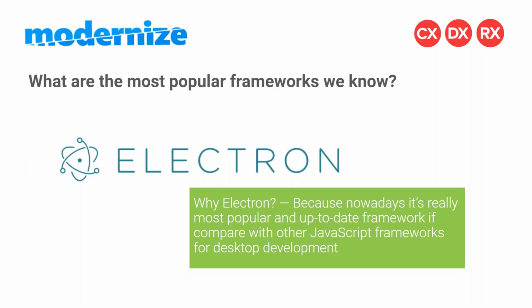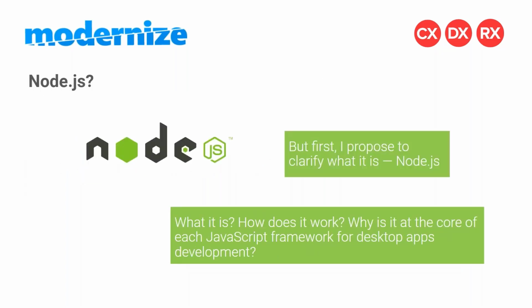It's the most popular for today. But first, I propose to clarify what Node.js is, how it works, and why all these frameworks are based on Node.js. Why is it so popular, and maybe all these frameworks just came to us after Node.js was developed and introduced.